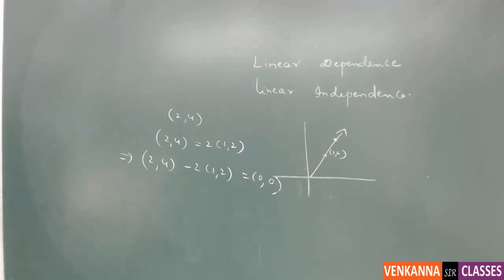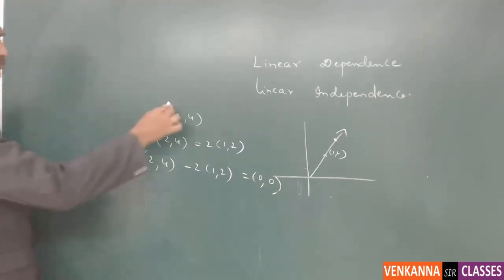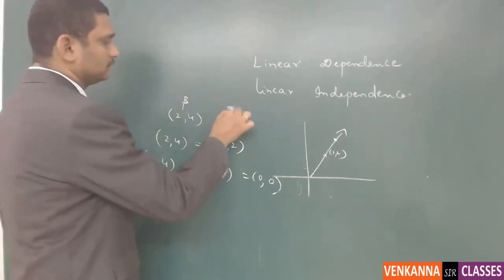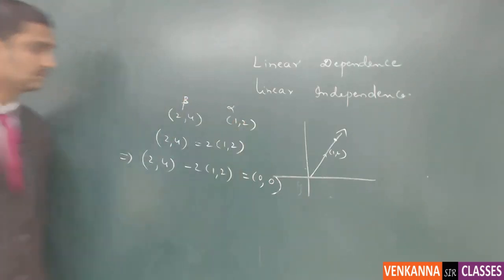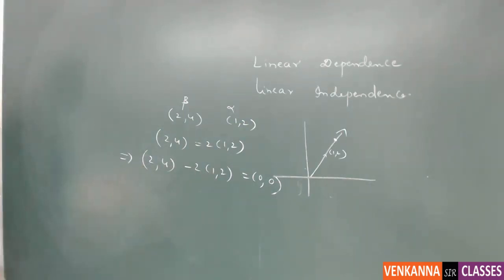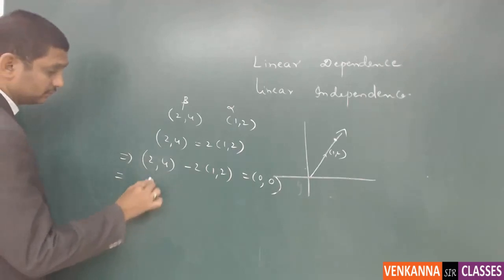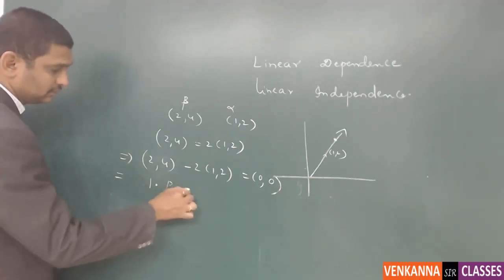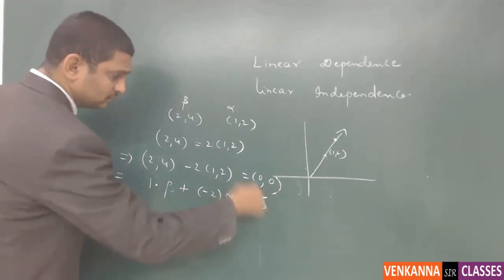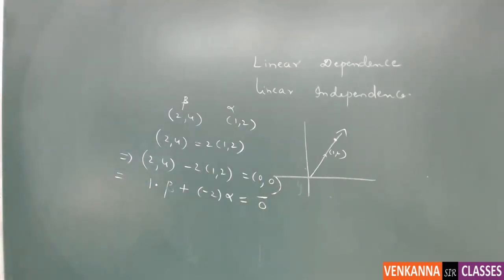Now let us give some numbers or some names. So you made a relation here like that. Am I correct in writing that using the names?